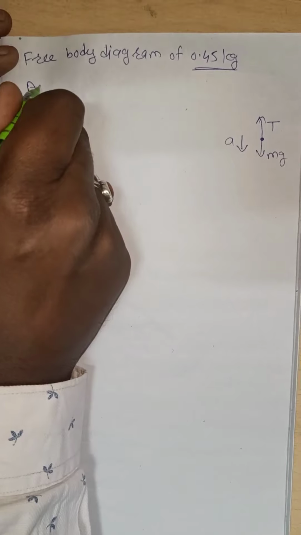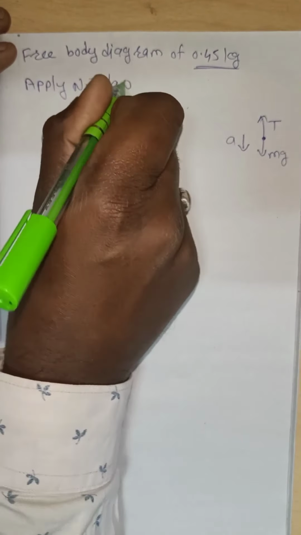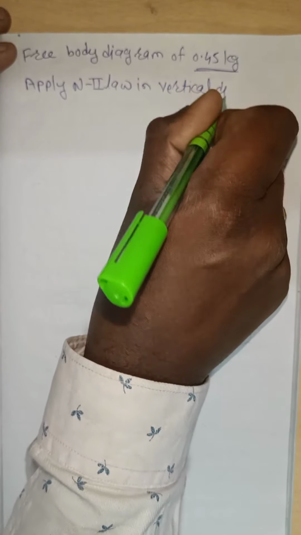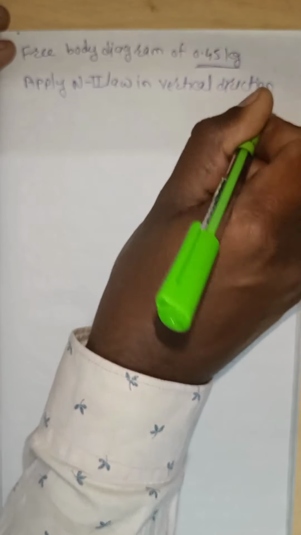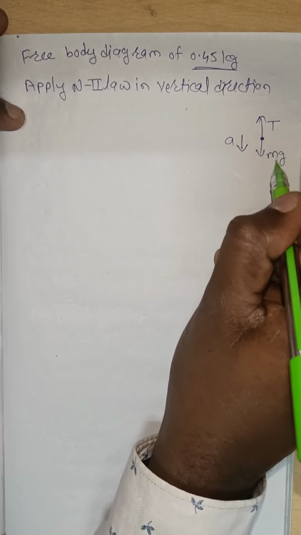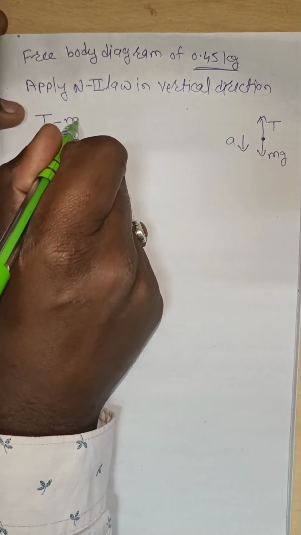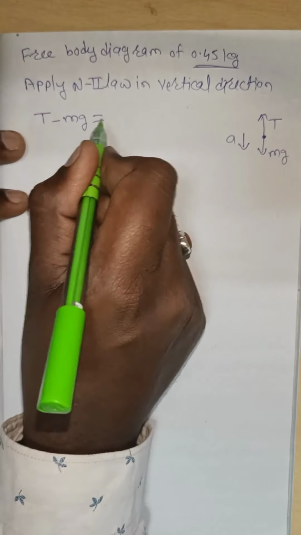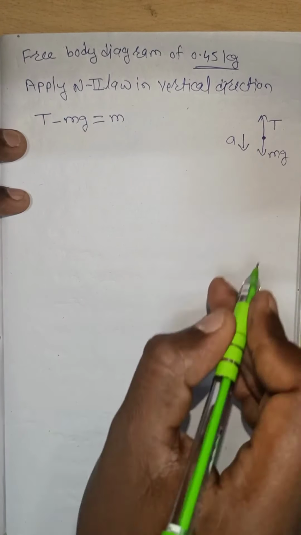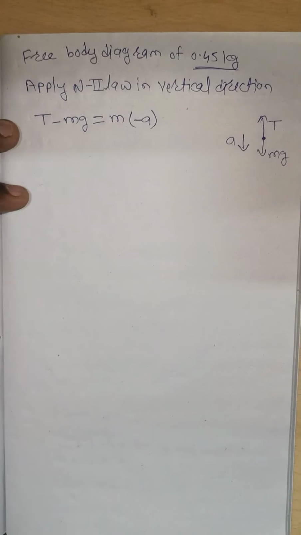Therefore apply Newton's second law in vertical direction. Newton's second law is force is equal to mass into acceleration. In that case forces are T in upward direction and mg in downward direction, which is equal to small mass m and acceleration in downward direction, therefore acceleration is negative, m into minus a.